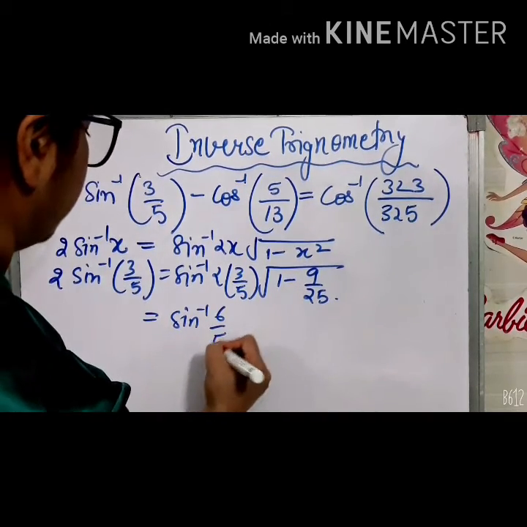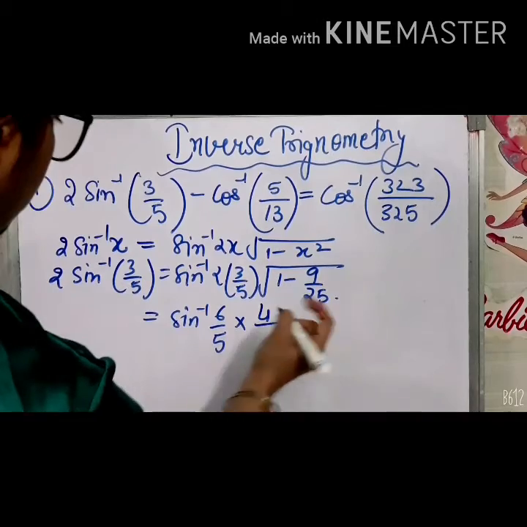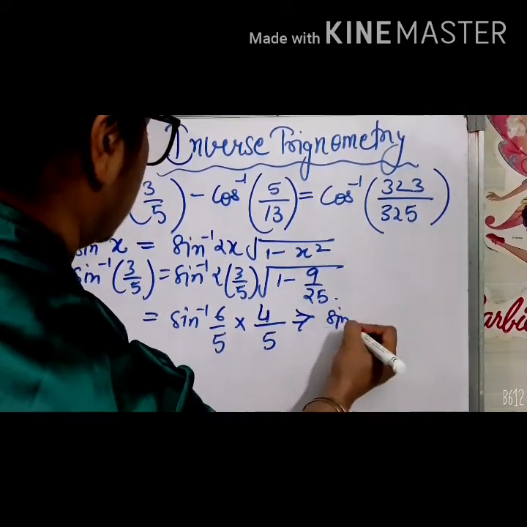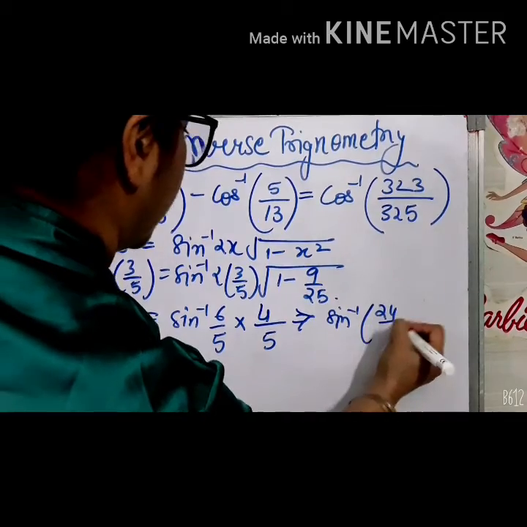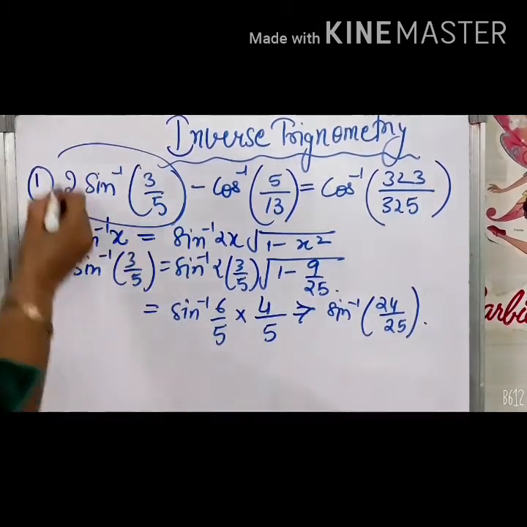Now it becomes sine inverse of 6 by 5 into, I am writing directly, 25 minus 9 is 16. The square root of 16 is 4 and of 25 is 5. So it becomes equal to sine inverse of 24 by 25.